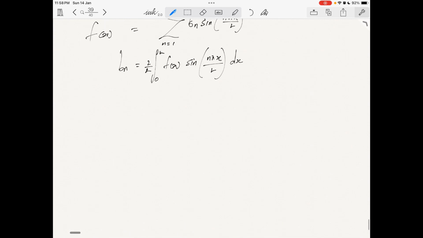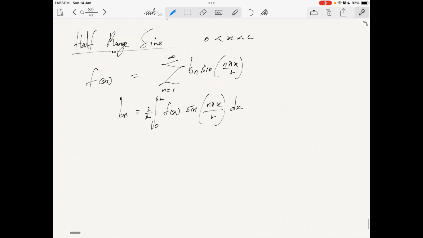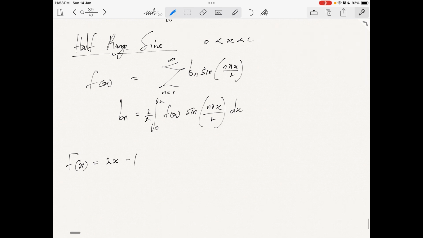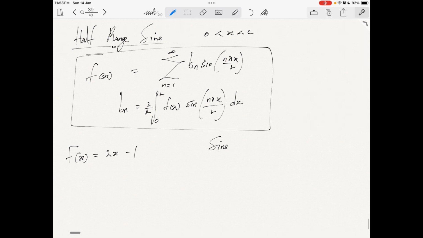So we have that f of x is equal to 2x minus 1, and since we are dealing with sine, we'll be considering this formula. Also, the range that we are given is 0 less than x less than 1.